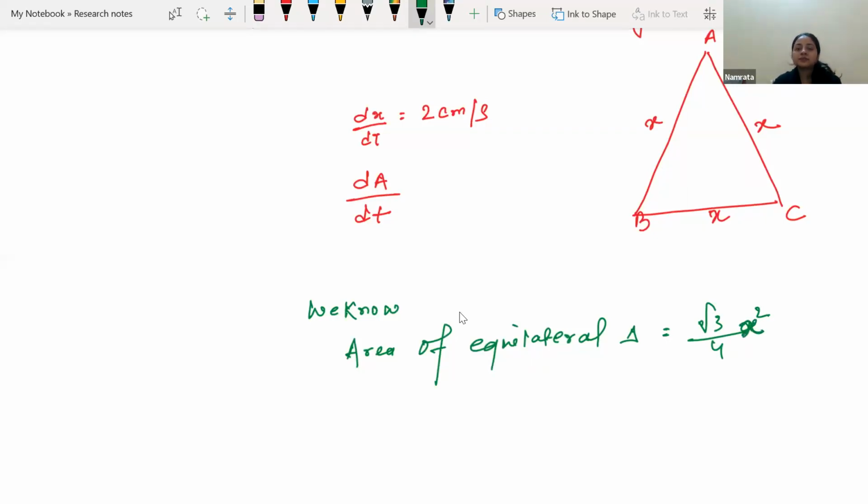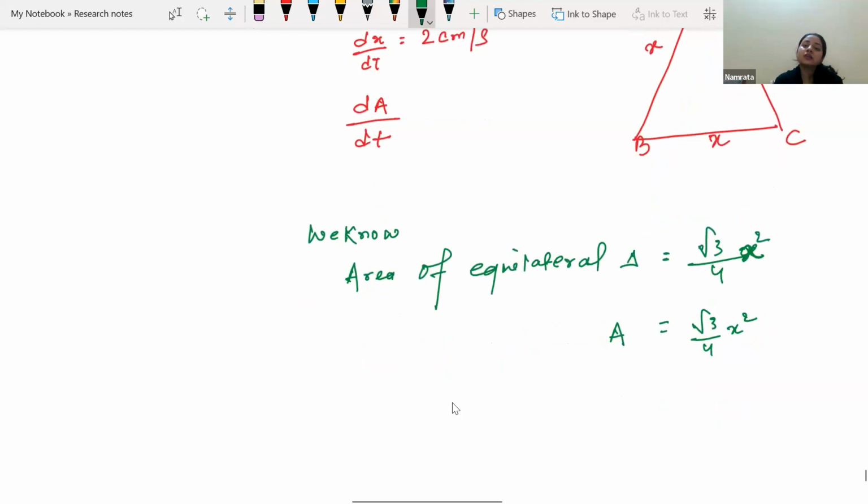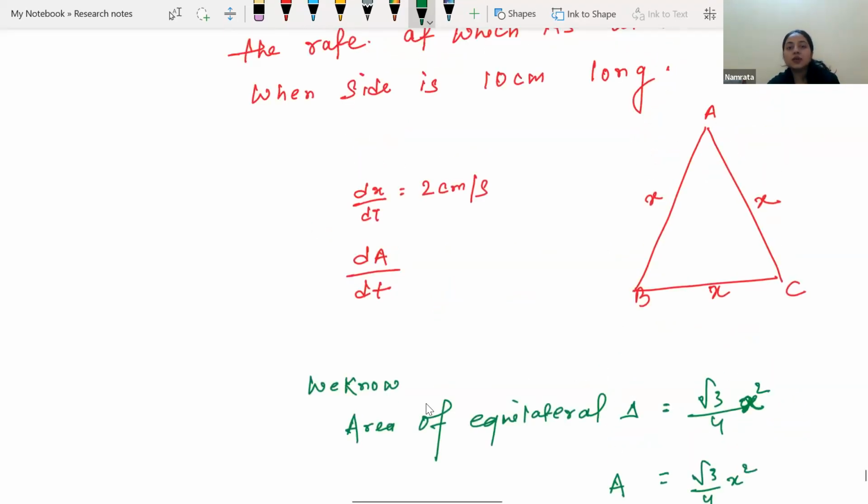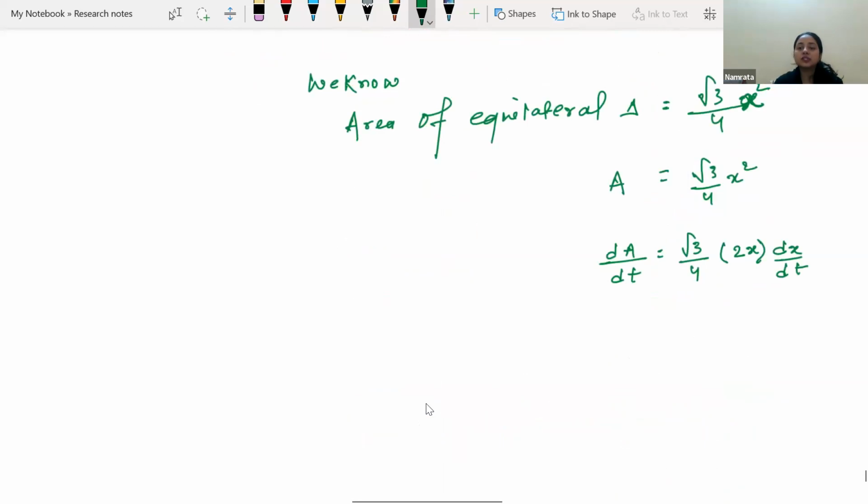Let A equal root 3 by 4 x square. Differentiating both sides with respect to time t, dA over dt is equal to root 3 by 4 times 2x, and since we are differentiating with respect to t, dx over dt appears. We already know dx by dt is 2.